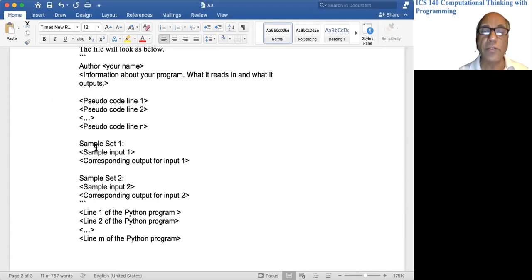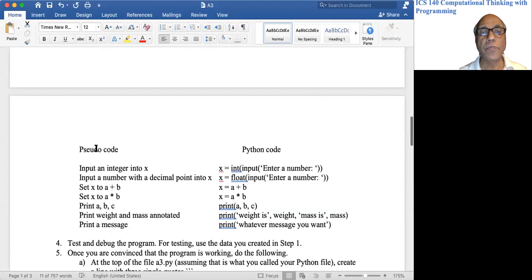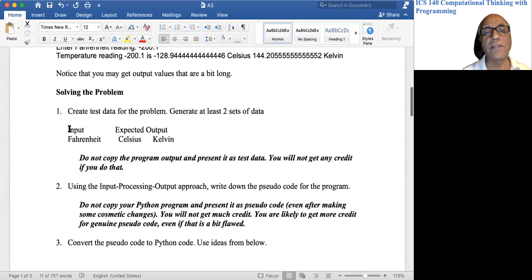You should write your sample test data in a format like this. The program asks for the temperature reading in Fahrenheit, and the output is the corresponding Celsius value and value in Kelvin scale.